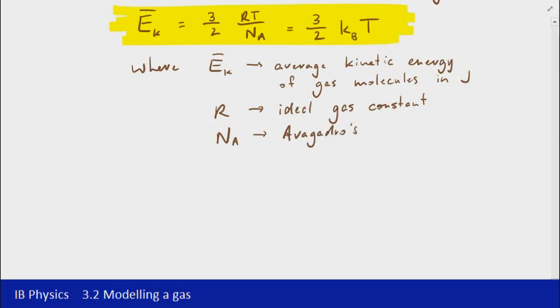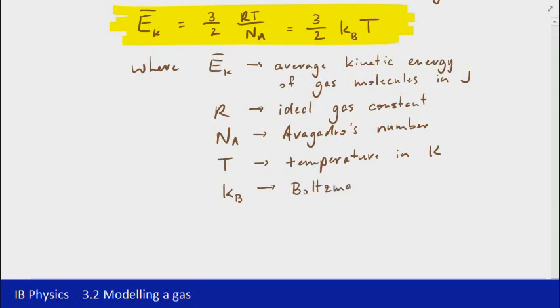T is the temperature. Again, Avogadro's number is a constant, so you can look that up in the data booklet. T is the temperature of the gas in Kelvin. And the last value in that equation that we need to know, kB, is known as Boltzmann's constant.